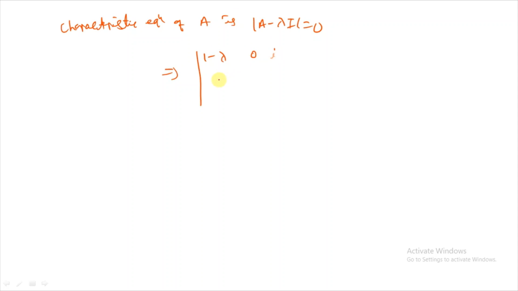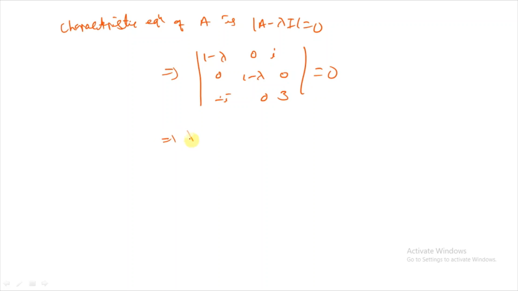Now find the eigenvalues. The characteristic equation of A is determinant of A minus lambda I equal to 0. That implies the determinant with rows 1 minus lambda, 0, i; 0, 1 minus lambda, 0; minus i, 0, 3 minus lambda equals 0.